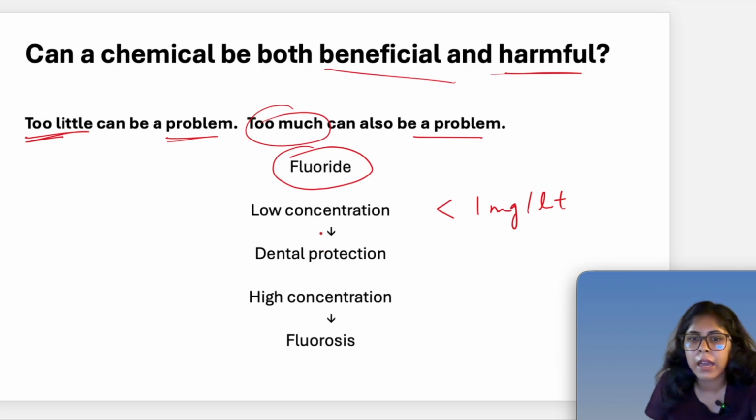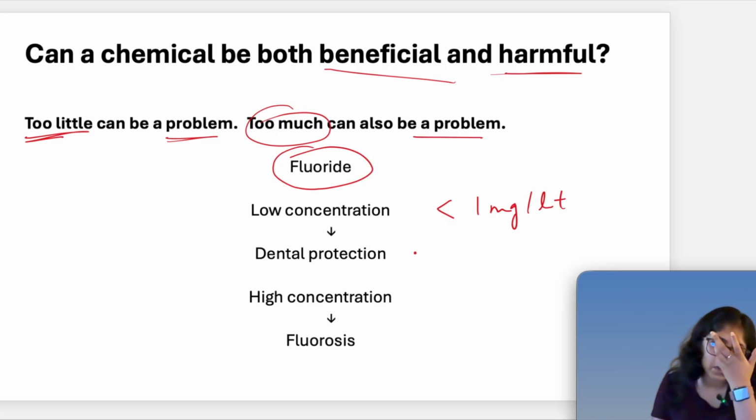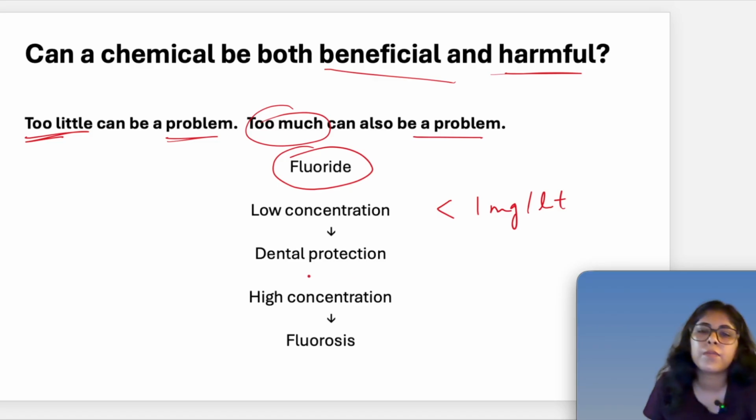If it is at the proper concentration, around 1 milligram per liter, then it will protect our dental enamel. And high concentration means greater than 1.5 ppm.